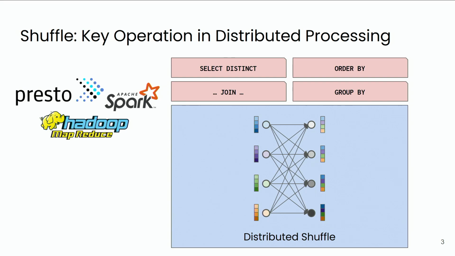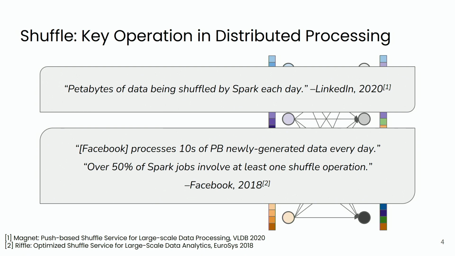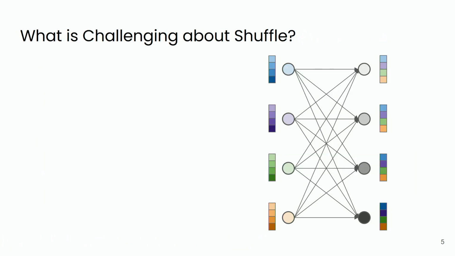All of them involve shuffle execution under the hood. And framework developers often need to re-implement shuffle from time to time. Here are some reports from industry. LinkedIn reports that petabytes of data are being shuffled every day. Facebook reports tens of terabytes, and that more than half of their Spark jobs involve at least one shuffle operation. So what is challenging about shuffle?